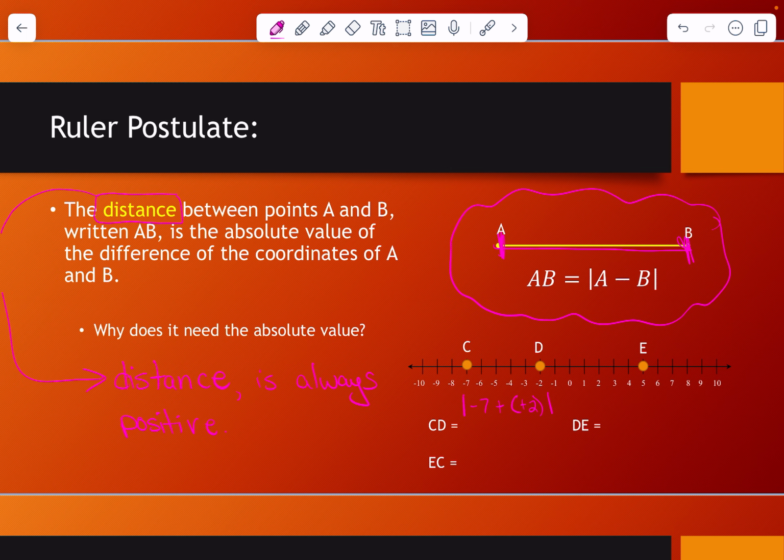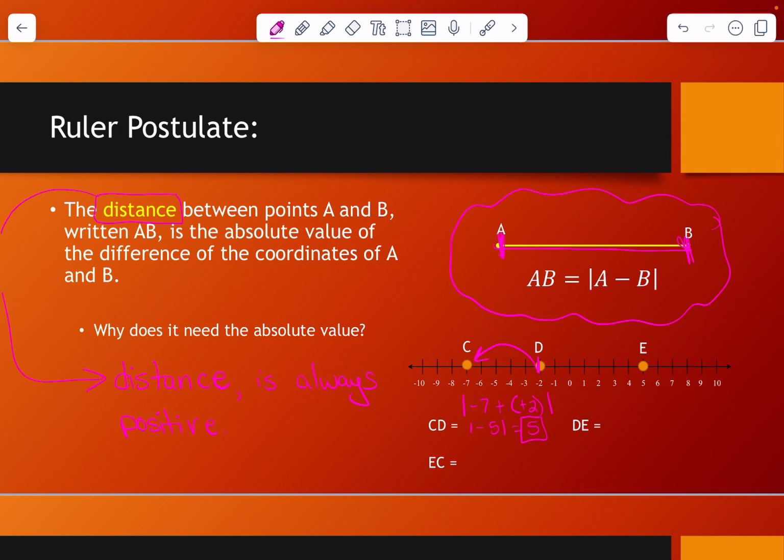So -7 plus 2 gets me absolute value of -5, which is 5. Now, we can also counteract that by going right minus left. So if we start at -2 and we subtract -7, it will give us the positive value right away. So either way you want to think about it, but just know that distance always has to be positive.